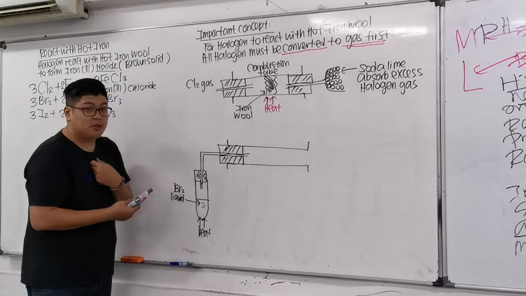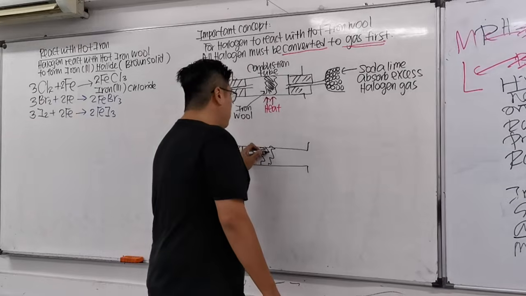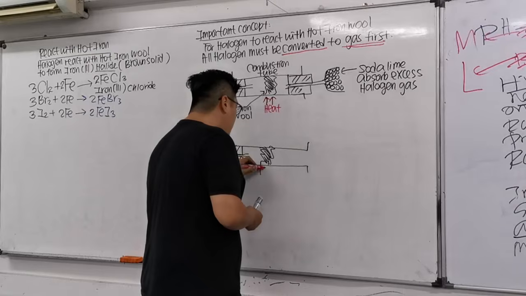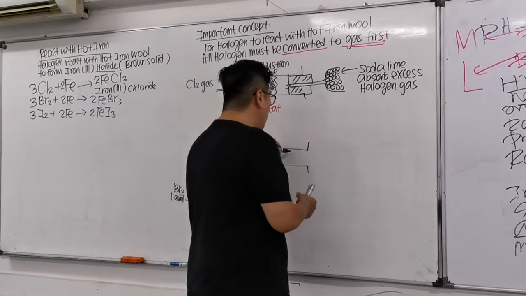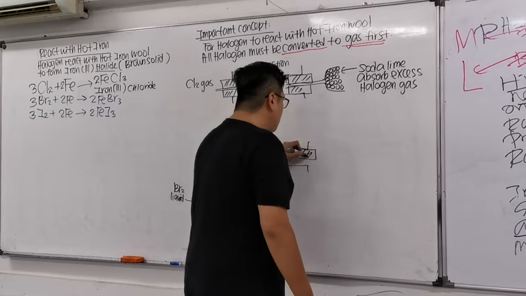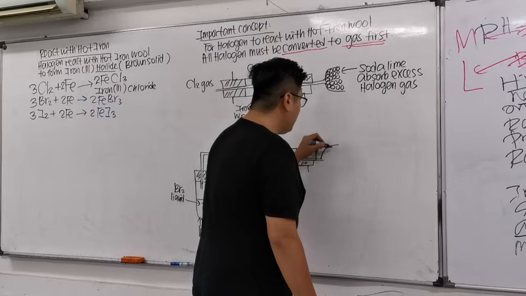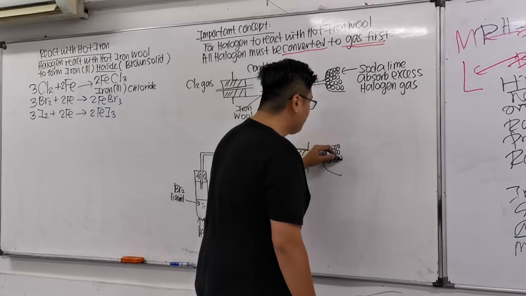Now do the same thing here. You have your iron wool, you heat the whole thing. Same thing, you don't want the additional gas to go to the atmosphere because they are toxic, so all the additional gas must be absorbed by soda lime. So nothing to shout about.